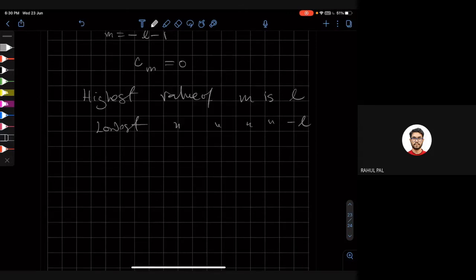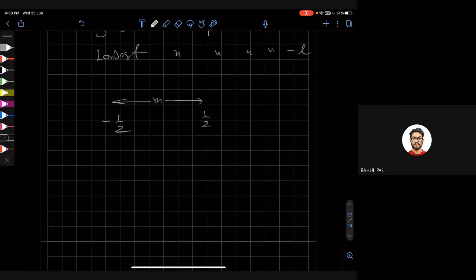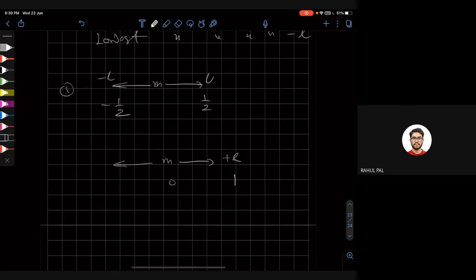Examples are such as, say this is the M continuum, not continuum, so discretium. So M can be, say, plus half, it can be minus half. This is one example. The highest value of M can be, say, 1, then it can hop down to 0, and then it can go to minus 1.